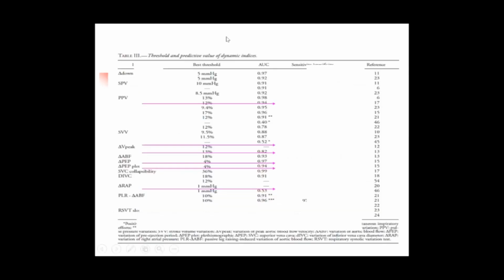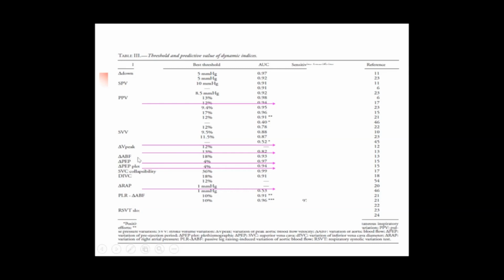This table gives us the threshold and predictive value of the dynamic indices, most of which we have discussed. Like delta down, the threshold is 5 millimeter mercury. For systolic pressure variation, the threshold is 10 millimeter mercury. For pulse pressure variation, the threshold is 12%. For delta V peak, the peak aortic flow velocity, it is again 12%, 13%.